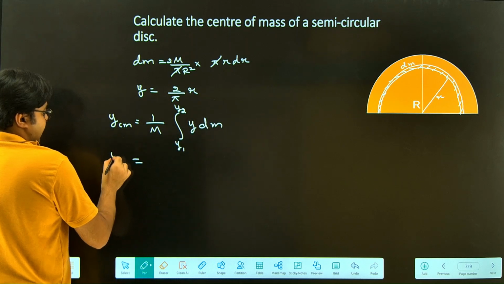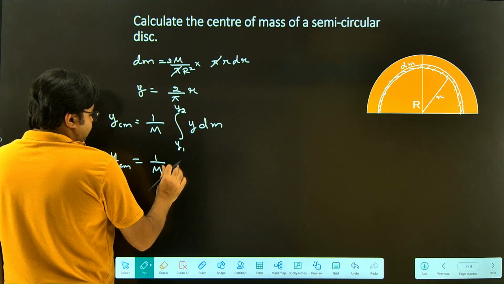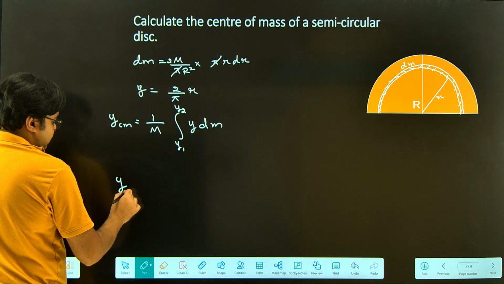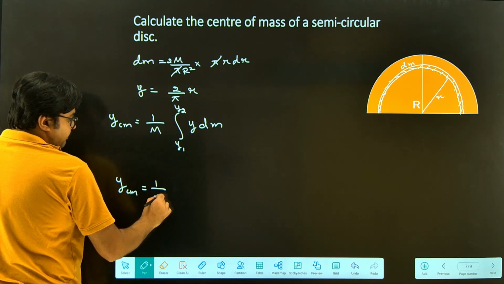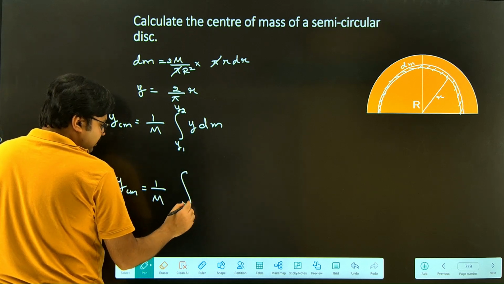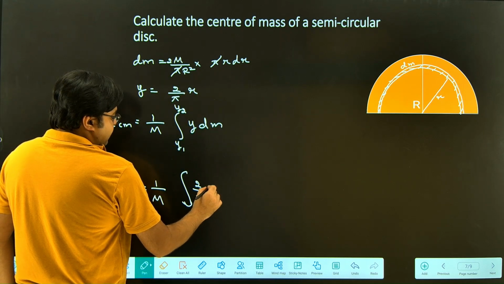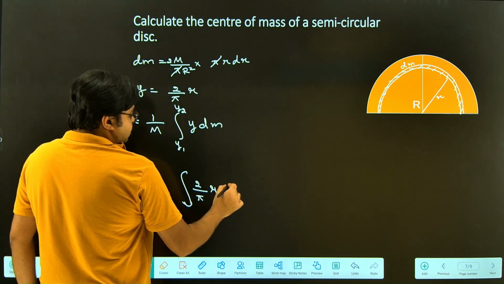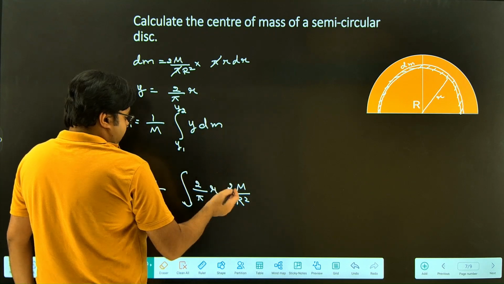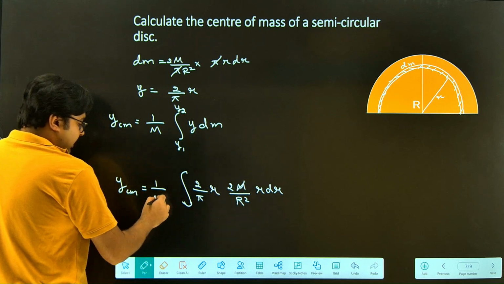Let's figure this out. We have ycm equal to 1 divided by m into the integral from y1 to y2. We'll figure out what is y1 and y2. Y anyway is 2 divided by pi times r, and dm is 2m divided by R square multiplied by r dr. Well, we have m and m getting cancelled.